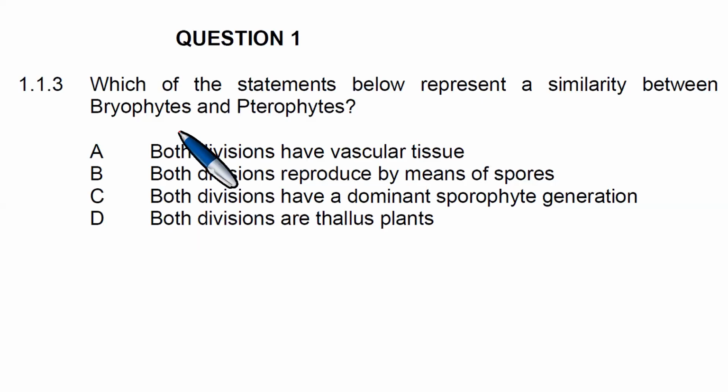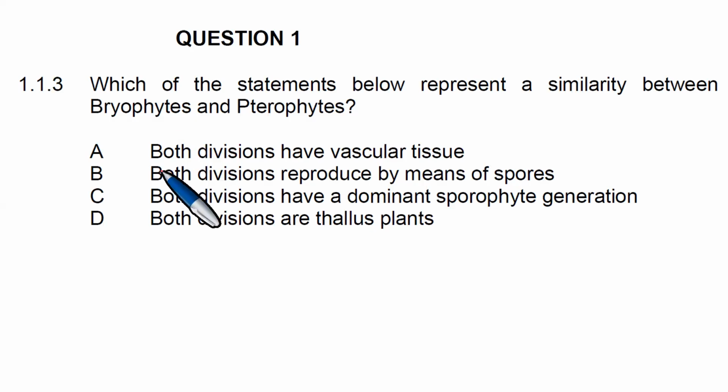Right, so in other words, there are statements below, but which of them actually represents a similarity between the bryophytes and the pteridophytes? So in other words, we understand that there exists a similarity between these particular species.